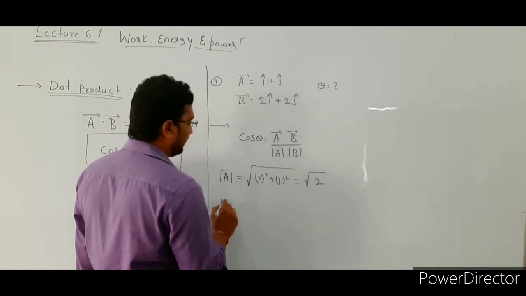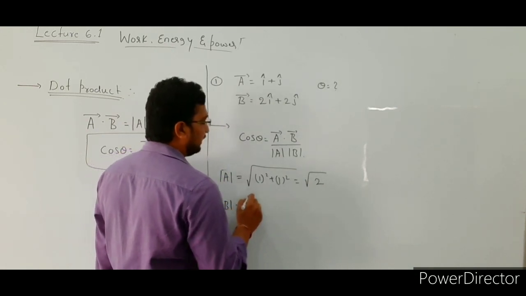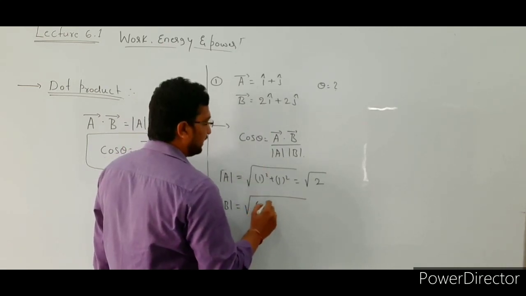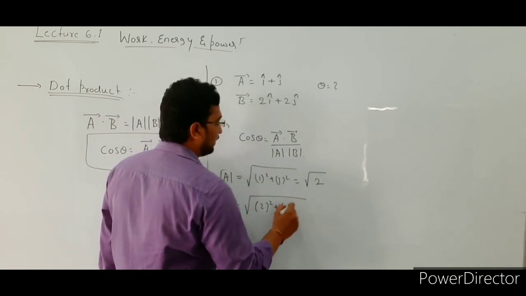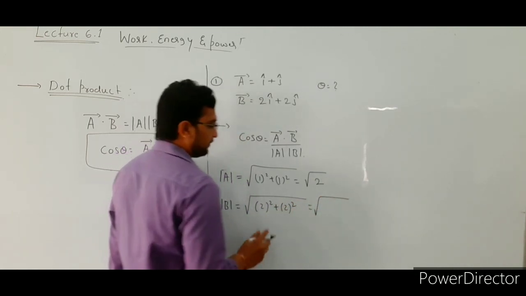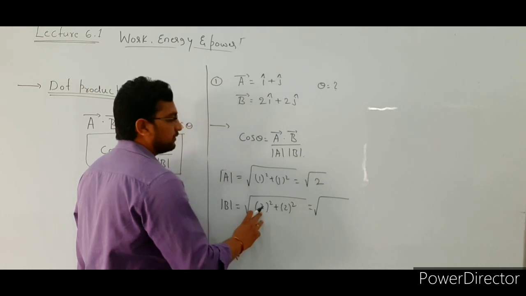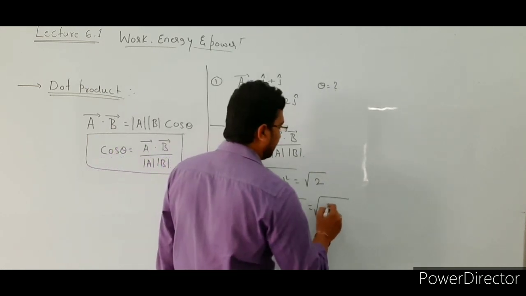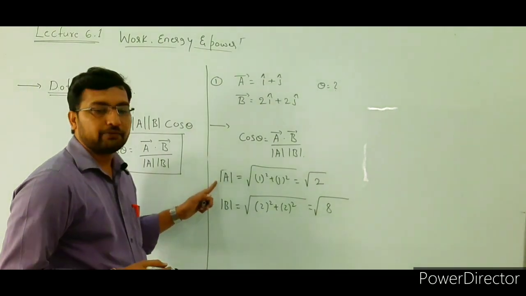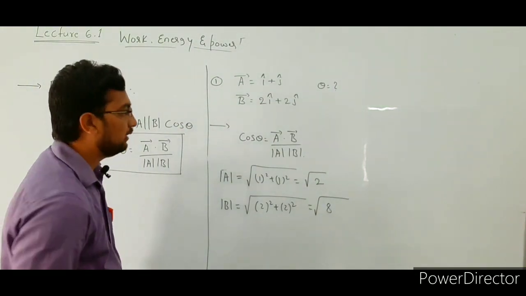Similarly, we are going to find out the magnitude of b vector, that is equal to under root of 2 square plus 2 square, this is equal to under root of 4 plus 4. 2 square means 4, so this is 8, that is under root of 8. So these are the magnitude of a vector and the magnitude of b vector.